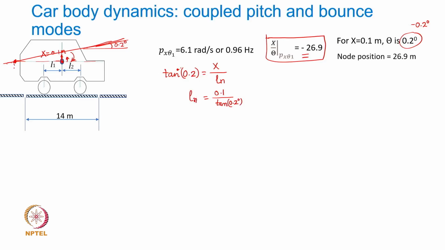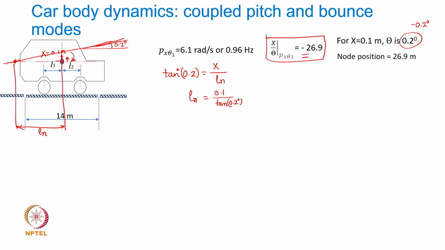Now that ln is this position, and you remember we have discussed when we were discussing the mode shape that there will be positions where there will be no displacement. The car body will have zero displacement at that point. So this is a node position where the entire body will have an oscillating motion about that particular point.